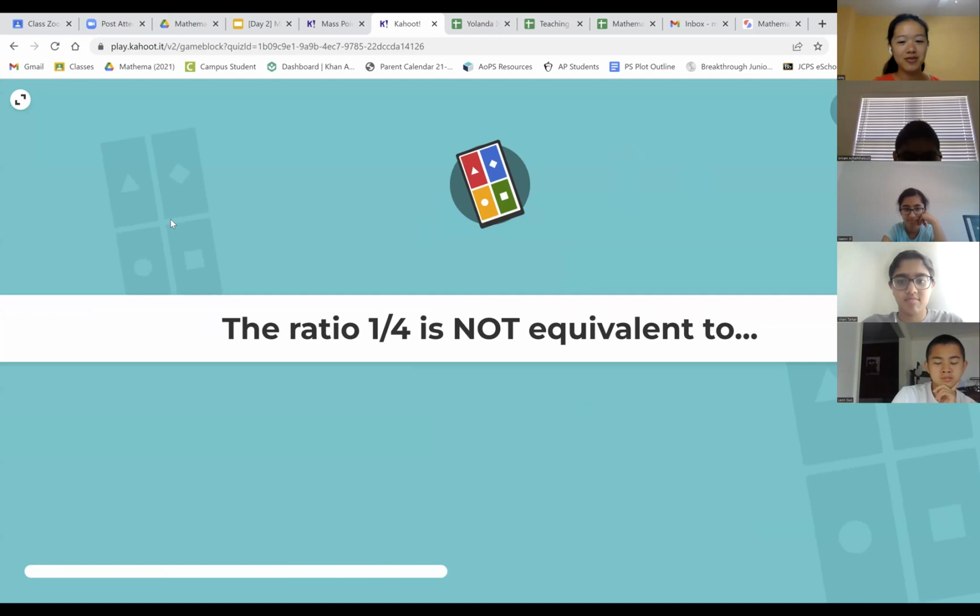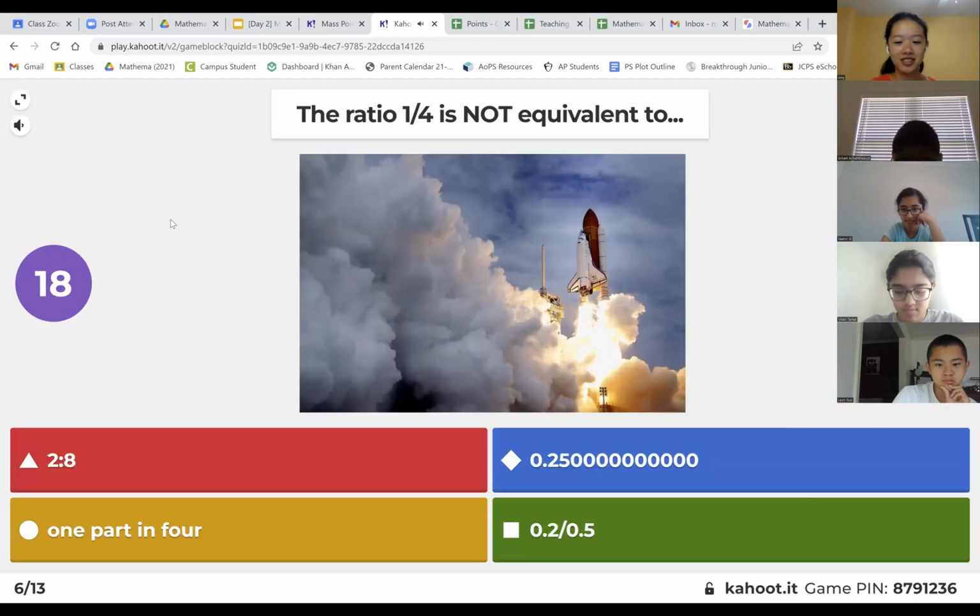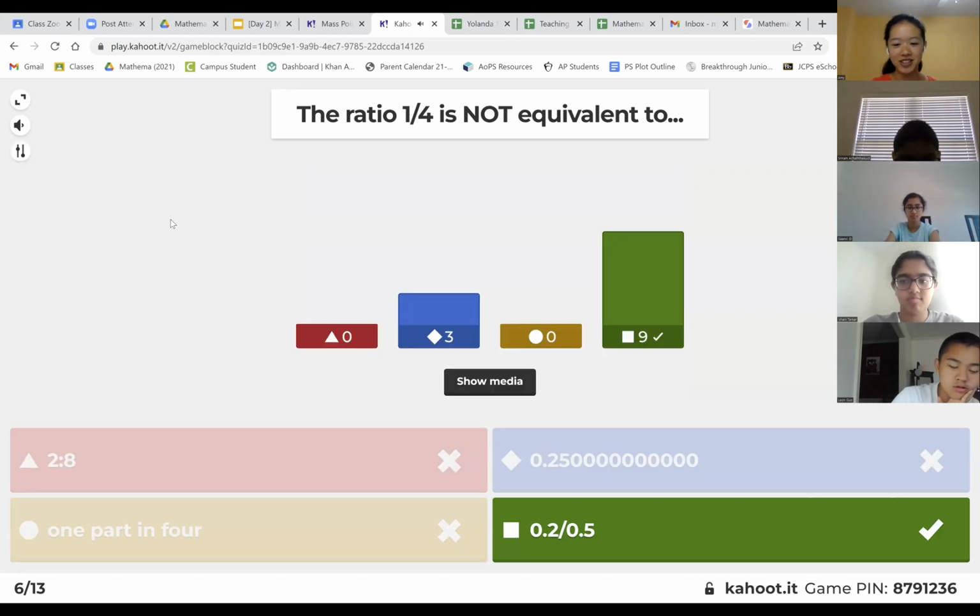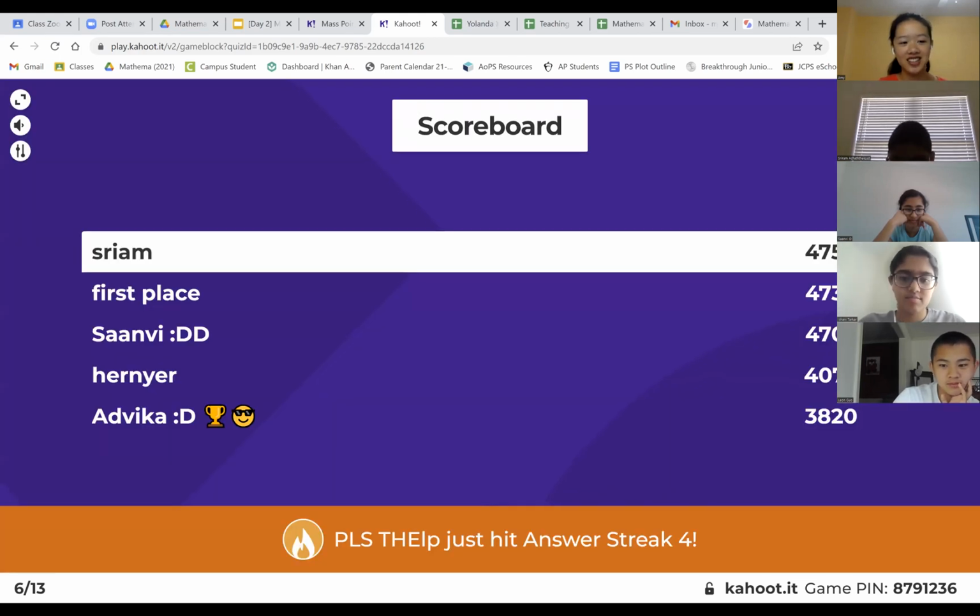The ratio 1 to 4 is not equivalent to... I mean, we did a lot of stuff with ratios today. Okay, this one, all those zeros in the back don't matter. You can ignore those. This one is equal to 2/5. Sriram is still in first.